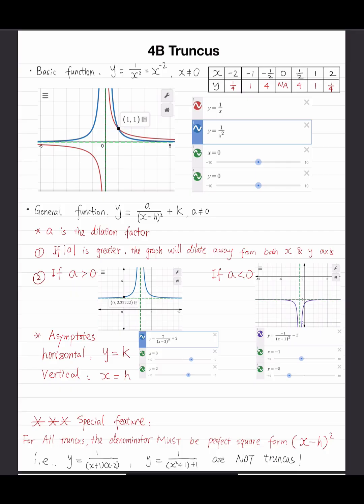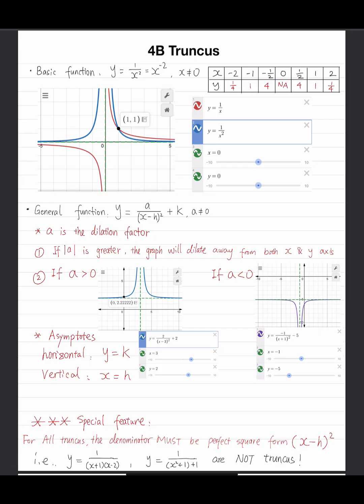And so the graph would look like a symmetrical one, instead of having the top right and the bottom left. Now the truncus will have a symmetrical graph with respect to the vertical asymptote here.